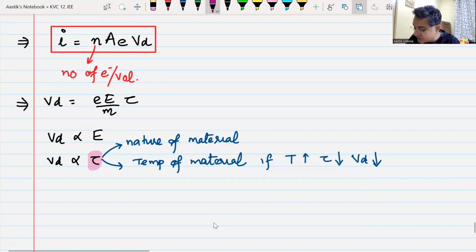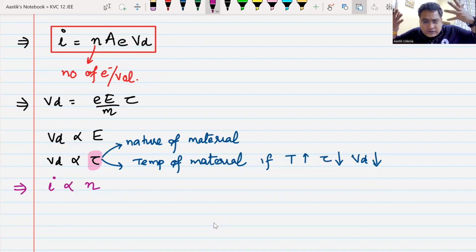Now let us talk about current. Current is directly proportional to N. More number of free electrons, more conductor, more current, better conductor, good conductor. Do we understand this? Yes, sir.